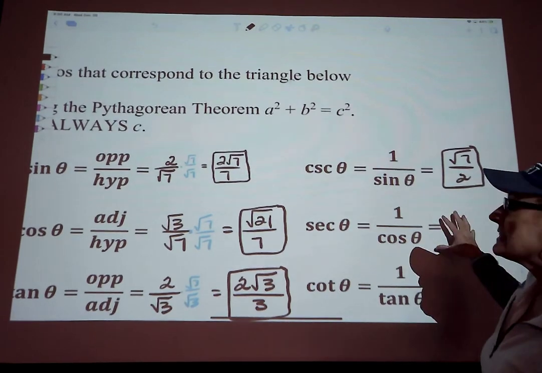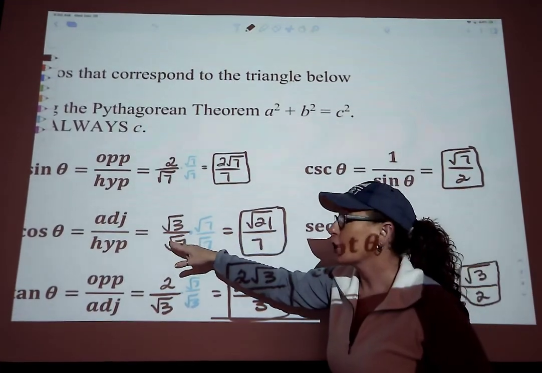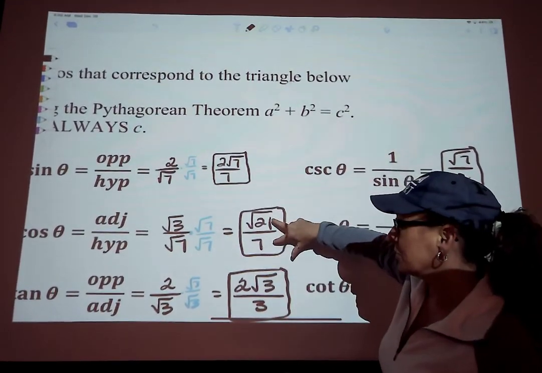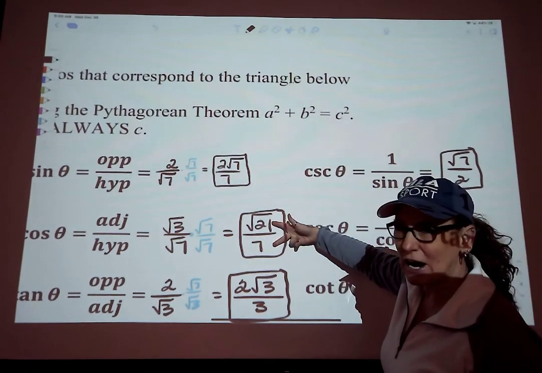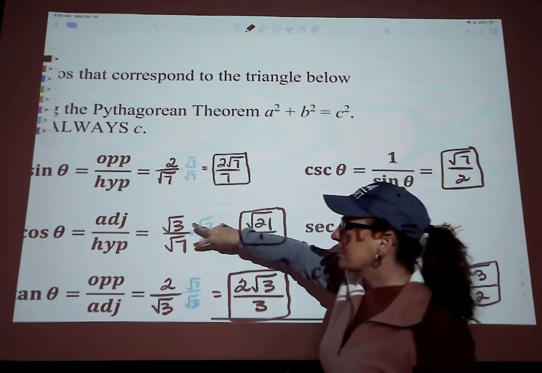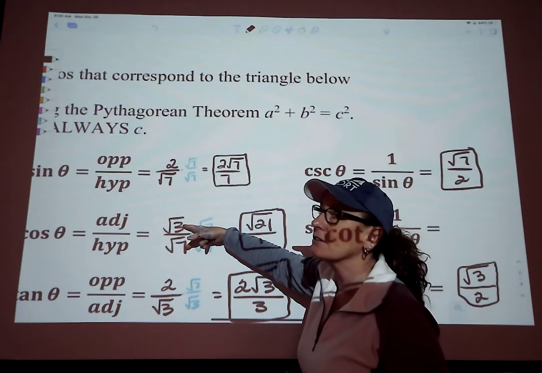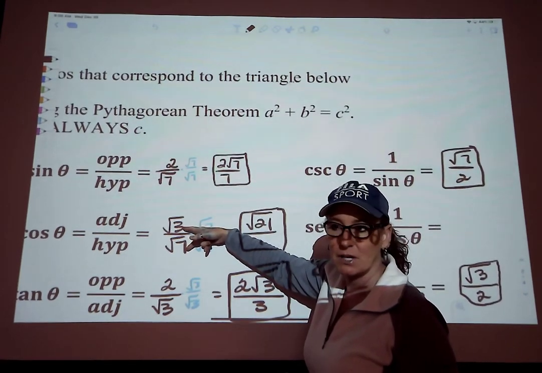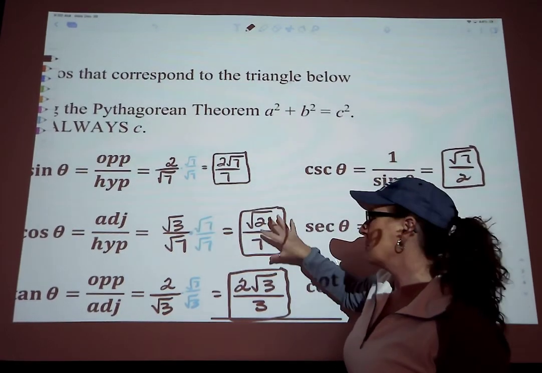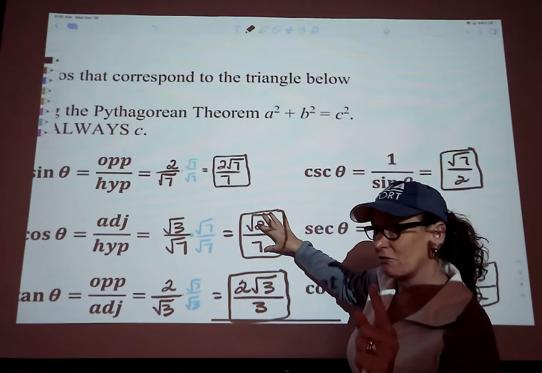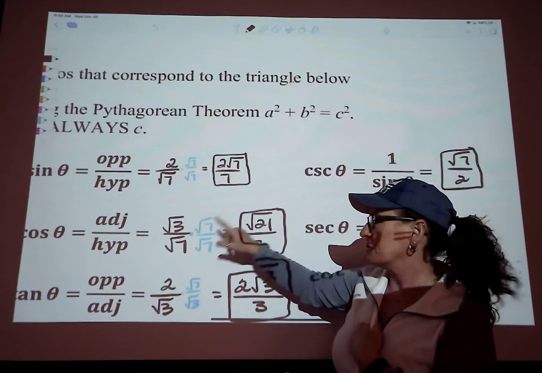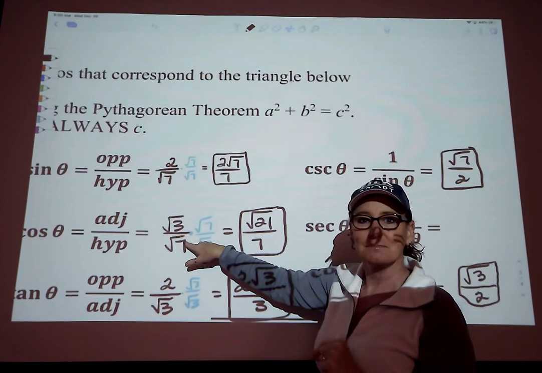All right. Secant. So I got to turn cosine upside down. I can turn this one upside down, radical in the denominator, or I can turn this one upside down, still a radical in the denominator. It's your call. Some of you might choose this one because there's only one radical. I'm going to choose this one because my numbers are smaller.